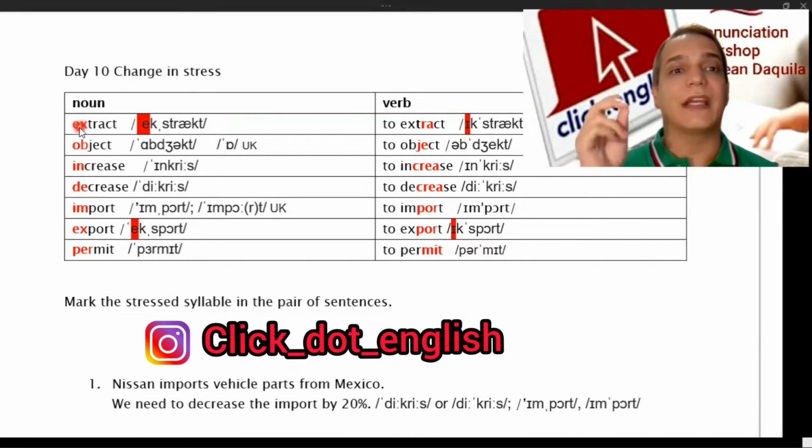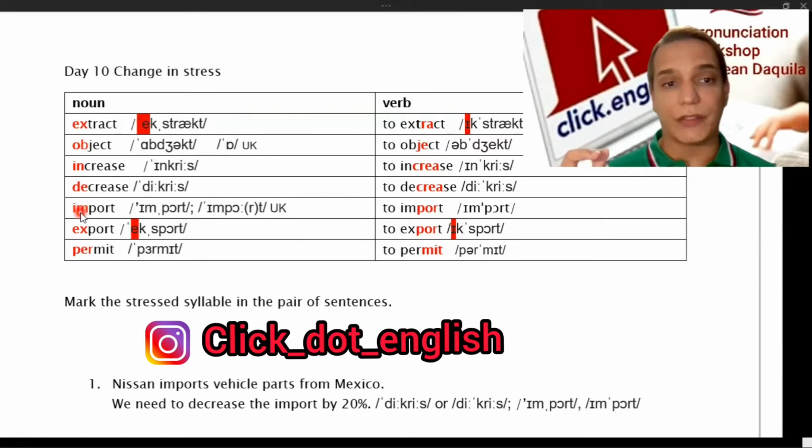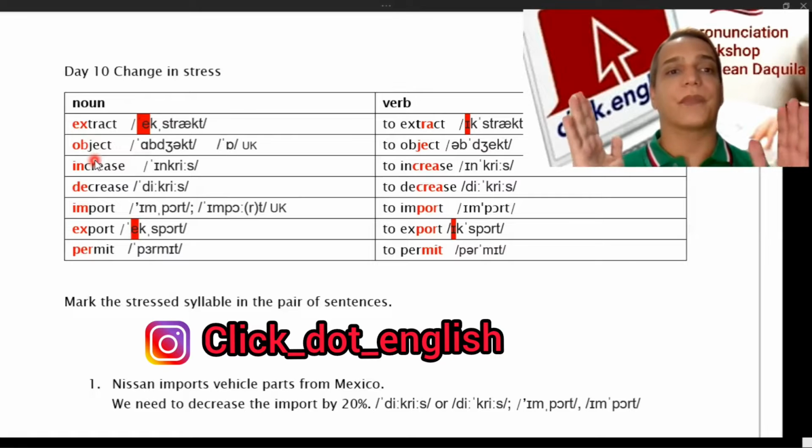So I have extract, I have object, I have increase, I have decrease, I have import, or in British, import. Okay, the import in British, the import in American, and I have the export, and I have the permit. So these are all nouns, and the stress is always on the first syllable.